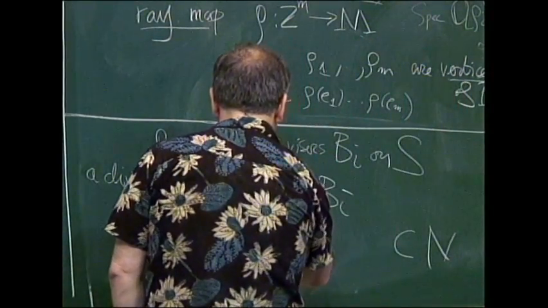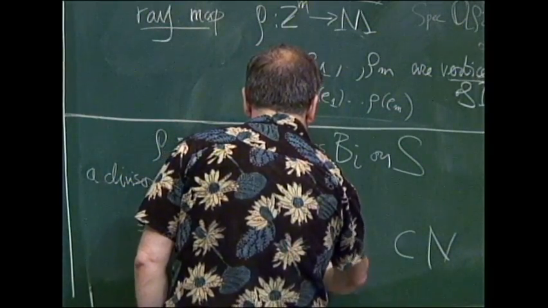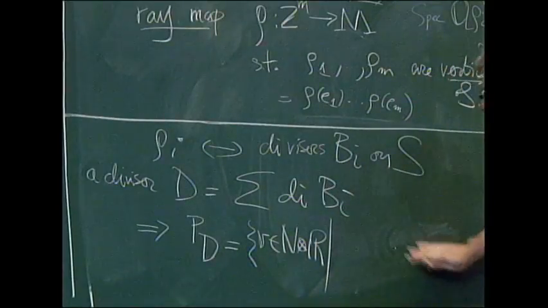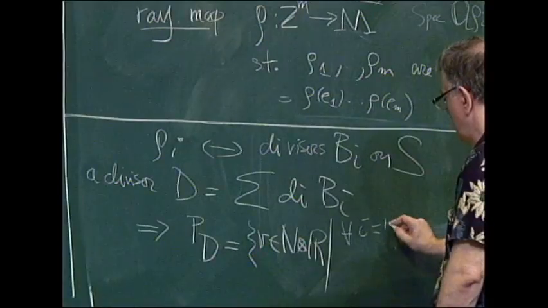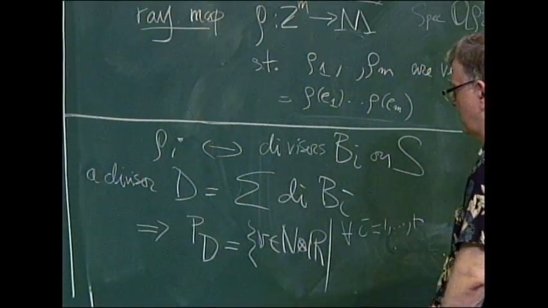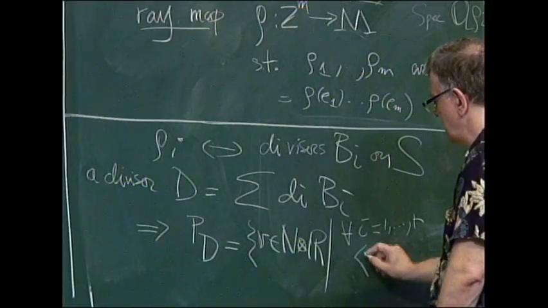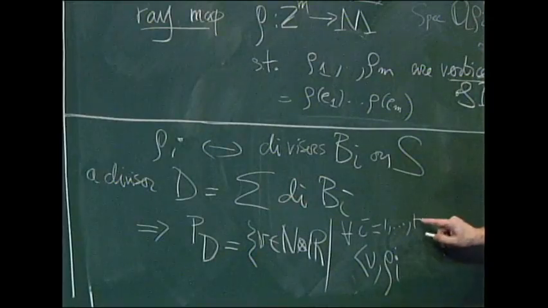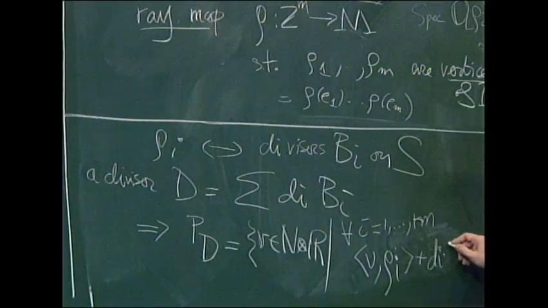And that's just the set of vectors in N tensor R such that for every i equal 1 to r, v, rho i, sorry, I'm going from i to m, v, rho i plus d i is larger than or equal to 0.